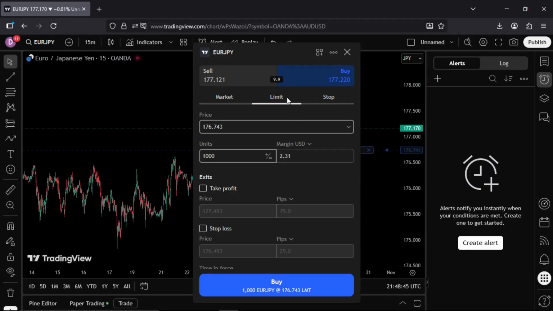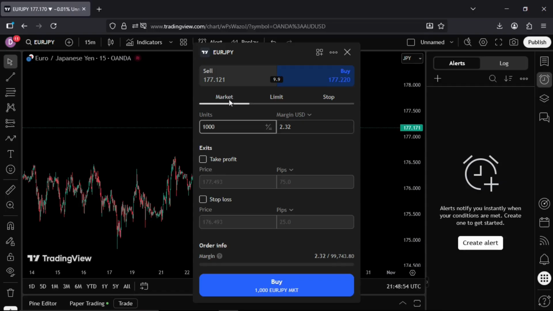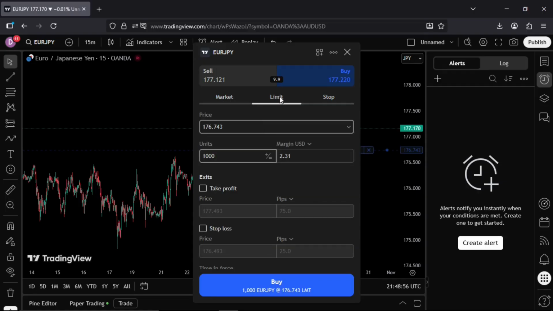If you want to place a buy limit, you just click buy. Let's say it was on sell, you just click buy. Then, where the market orders are, you select limit. So you click buy limit and then click buy, and this will place a buy limit.